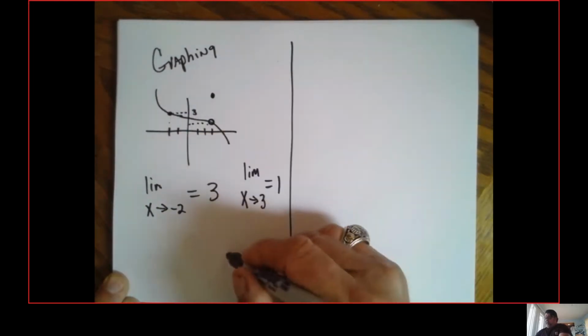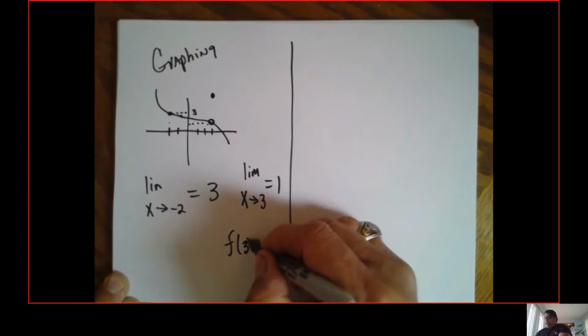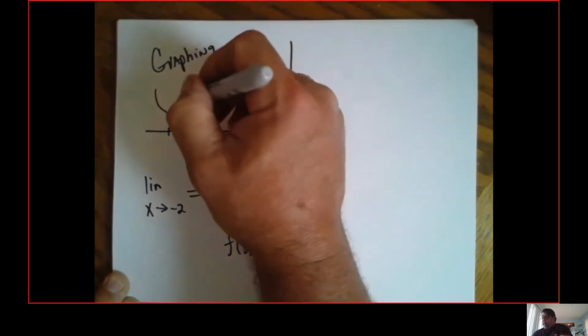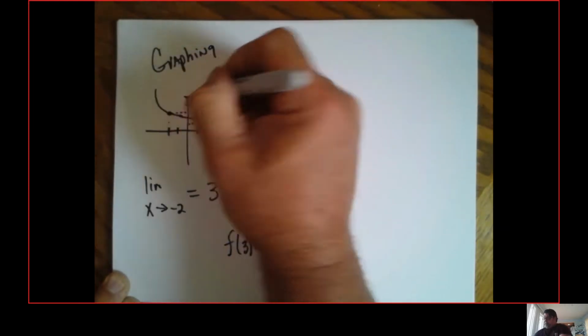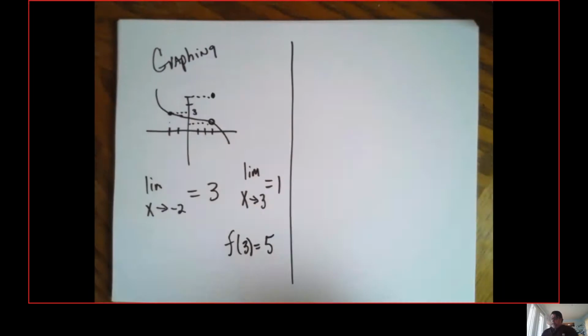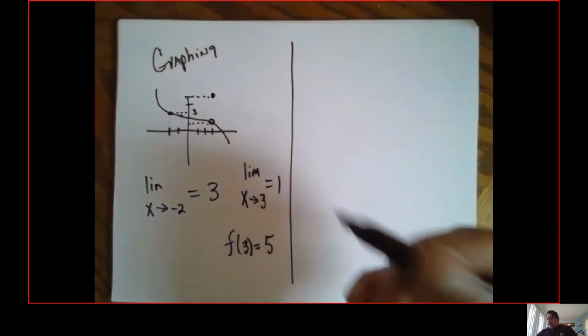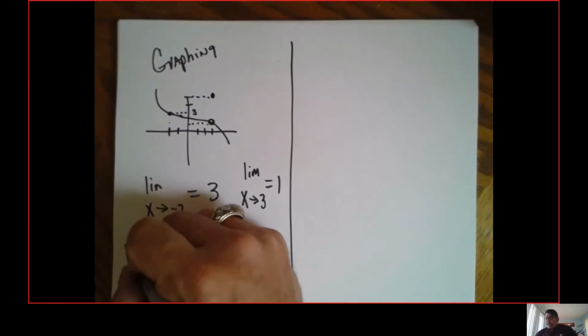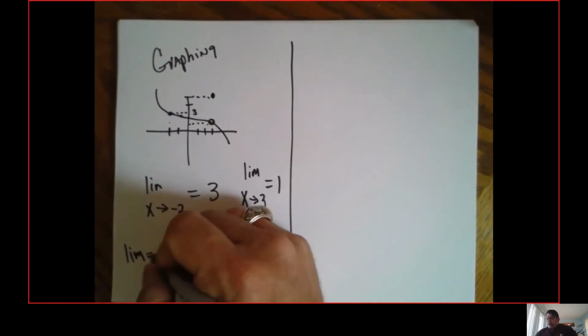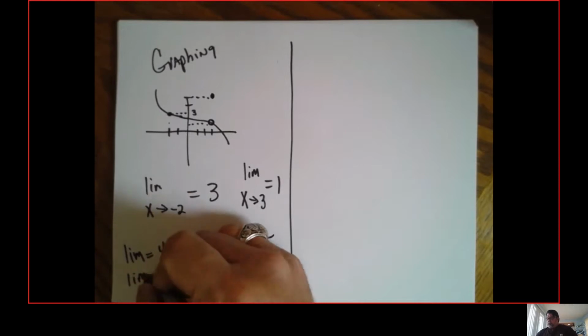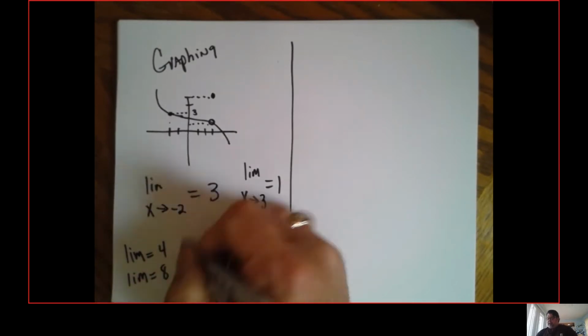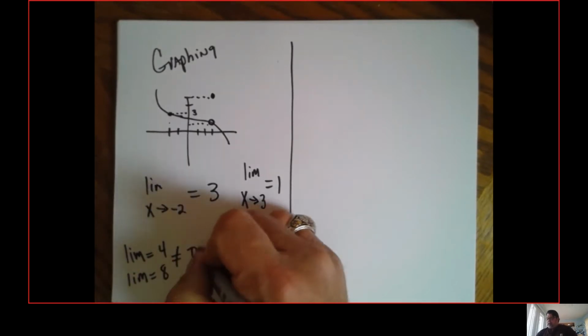But what is f of 3? F of 3 is, let's say 5. Okay? Because that's inclusive. We talked about that. We talked about if the limit of one function is equal to, say, 4, and the limit to another function is equal to 8, then they're not equal, so the limit does not what?